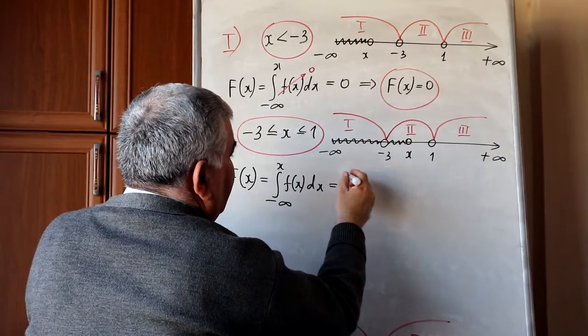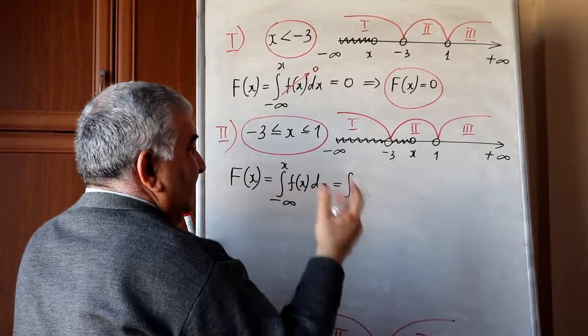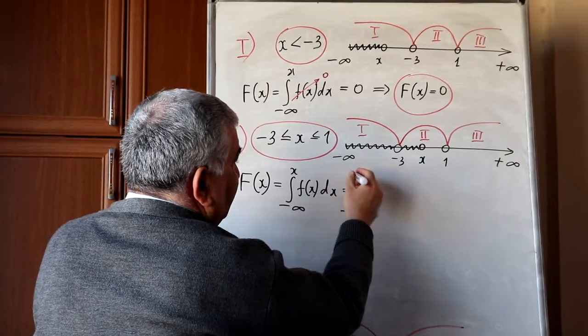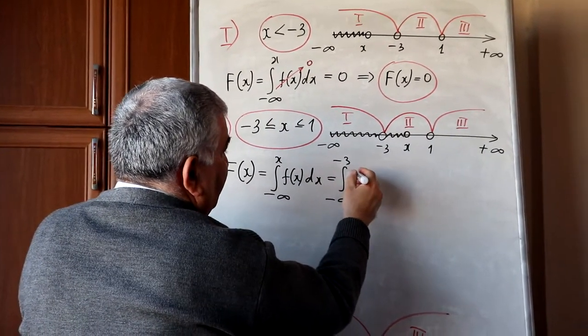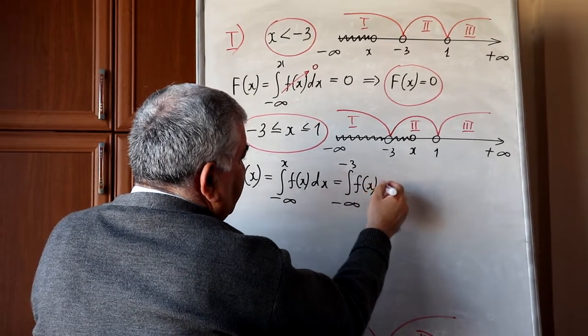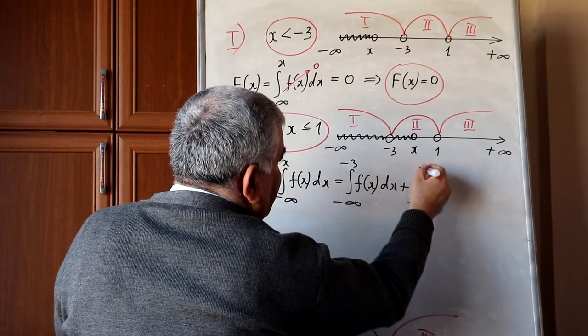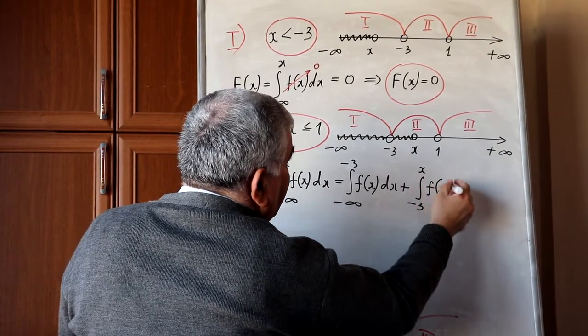This integral is separated into two integrals: from minus infinity to minus 3 of f(x) dx, plus the integral from minus 3 to x of f(x) dx.